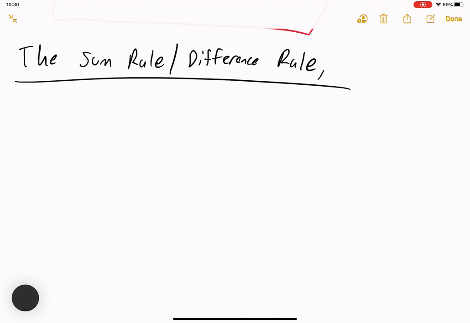All right. So let f of x and g of x be differentiable functions, because again, when we talk about these rules, we need nice enough functions.